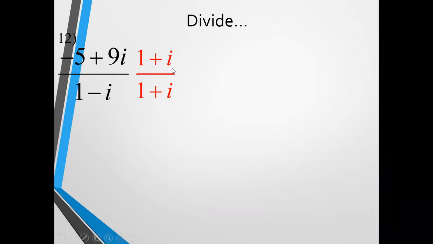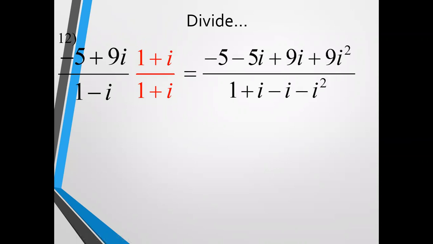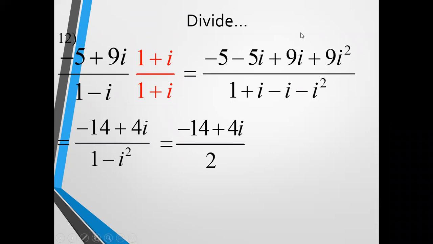So when we have done the multiplication just now, when you do it very well, you are going to get this expression. And when you get this expression, you know that i squared is minus 1. So if you solve further, you are going to get this. You can do this further.